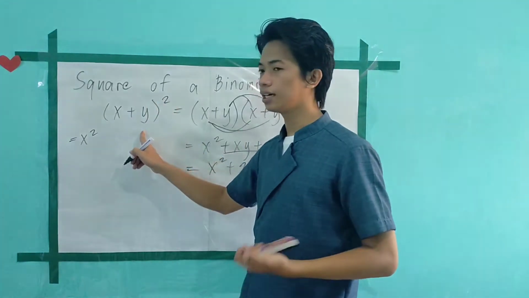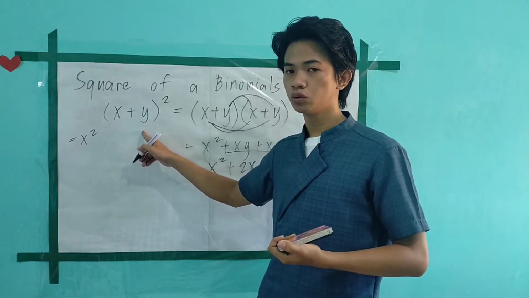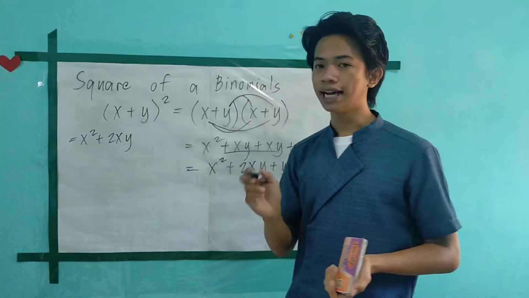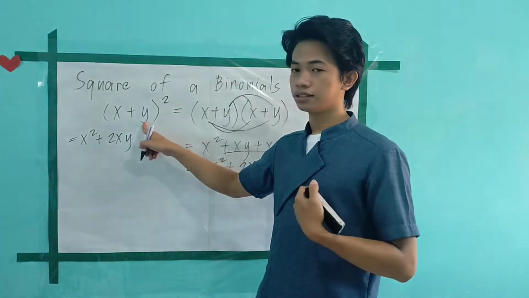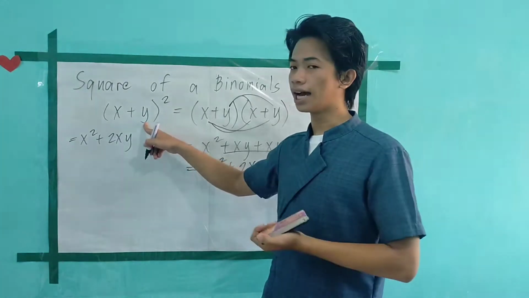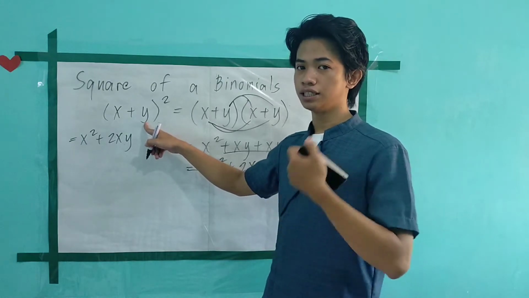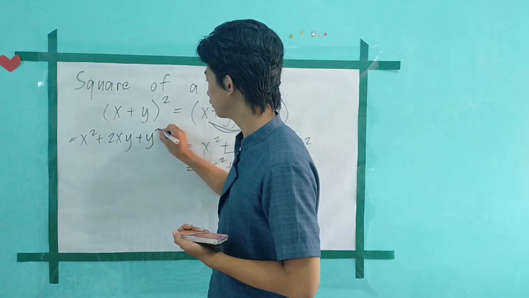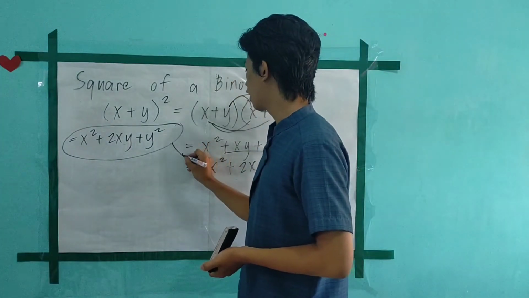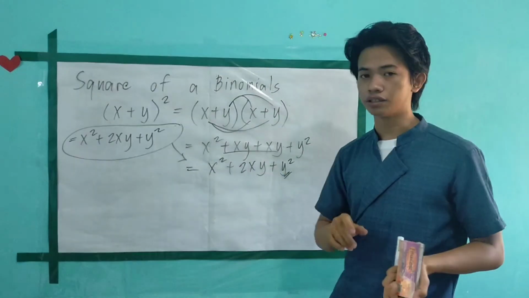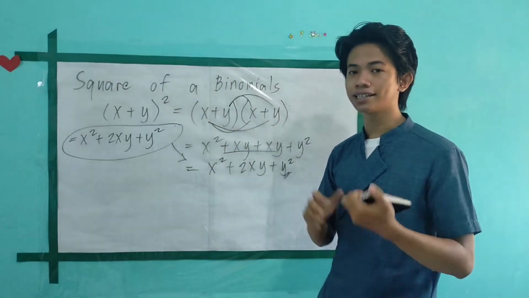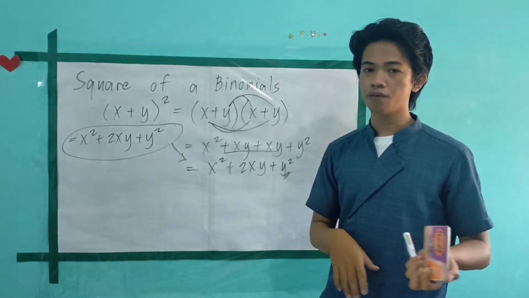X multiplied by y, xy. Times 2, 2xy. Last, square the second term. So what is y times y? It is y squared. So as you can see, this one is the same as our answer using the FOIL method. So that is the shortcut or the technique in square of a binomial.